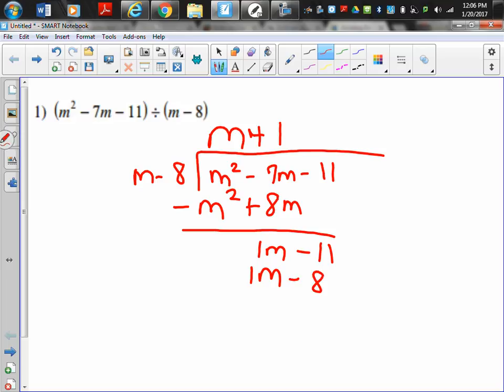But I have to subtract. When I subtract, that means the opposite of this and the opposite of this. So that goes away. So negative 11 plus 8 is negative 3.